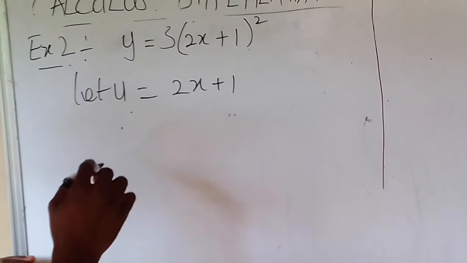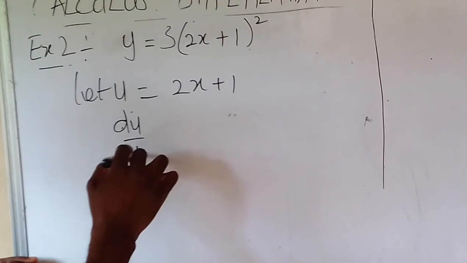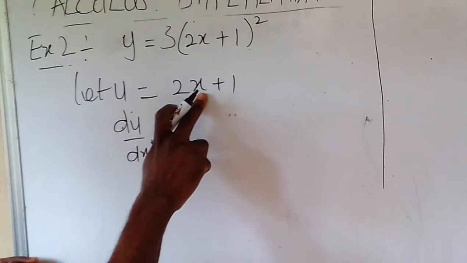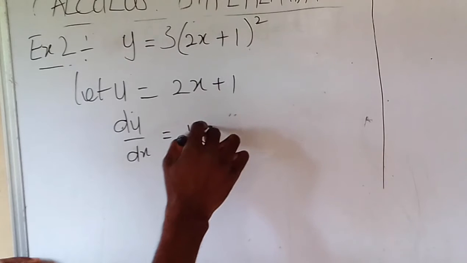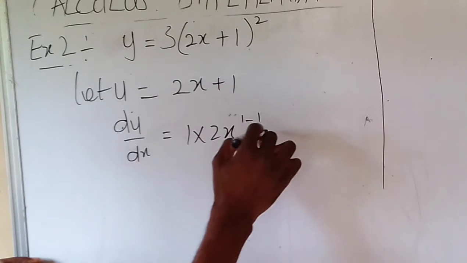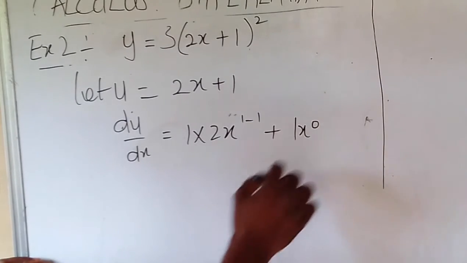Now after that, we differentiate u with respect to x. That becomes du/dx. Now note, x has a power 1 here in this question. So differentiating becomes 1 times 2x raised to the power 1 minus 1 plus, this is as though 1 times x raised to the power 0, as we solved earlier.